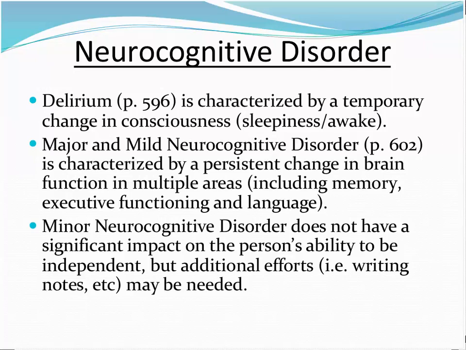Individuals who have minor neurocognitive disorder are still able to live independently, and they may be in early stages of dementia, and they just need some additional supports or additional efforts in order to do what they need to do. Whereas major neurocognitive disorder is when they require a higher level of care and they're no longer able to be entirely independent.